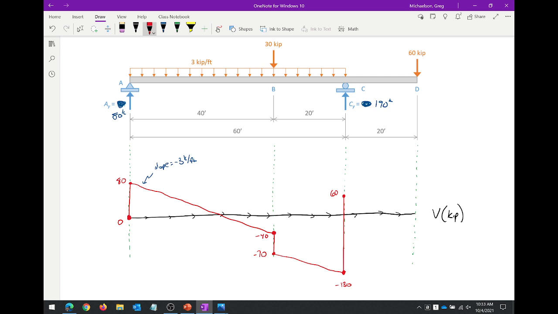Flat, constant. And then what do I do right here? I drop down to 0. That, ladies and gentlemen, is your shear diagram. Not too shabby, right? That's simple.